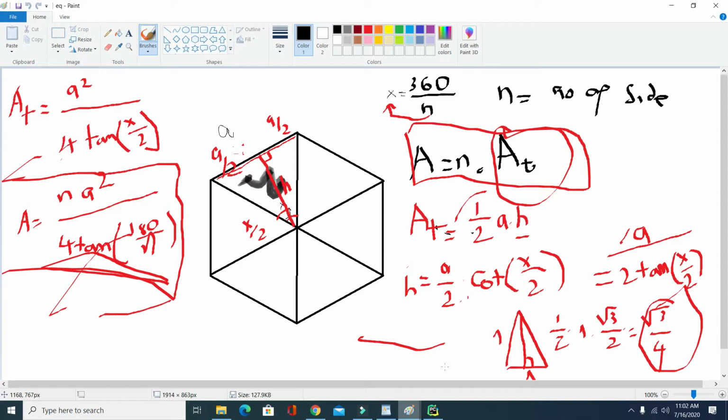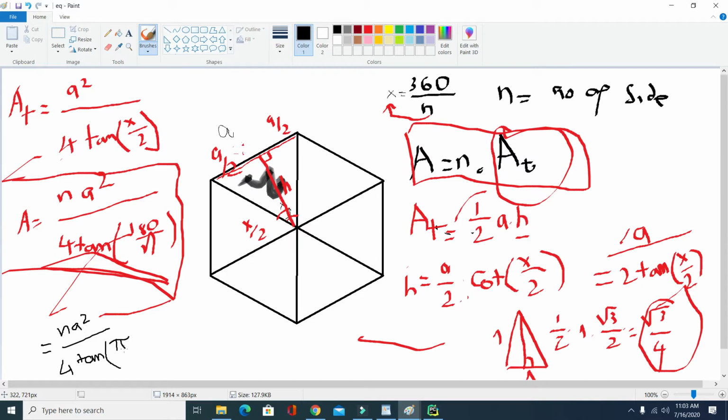So essentially, I just have to change this to pi. In radian, it's going to be n a squared over 4 tan. 180 degrees is equal to pi radians.